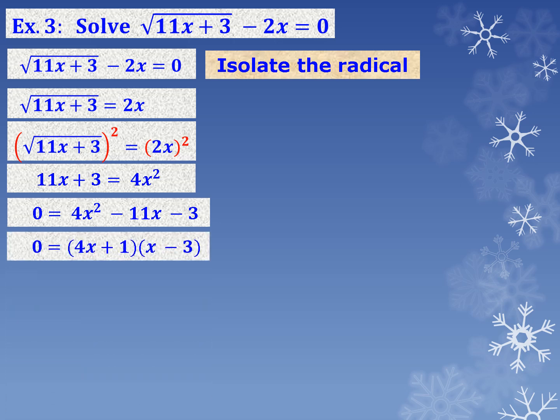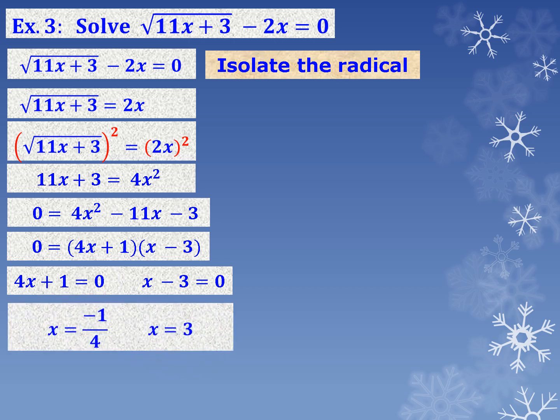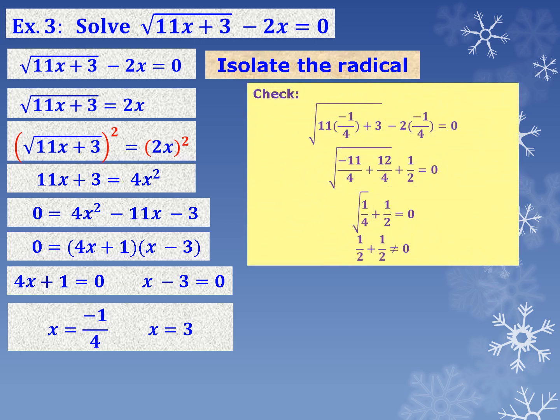When I factor it, I get 4x plus 1 times x minus 3. I set each factor equal to 0, and I get that x is equal to negative 1/4, and x is equal to 3. Now, you want to plug this in to make sure that you don't have any extraneous solutions.